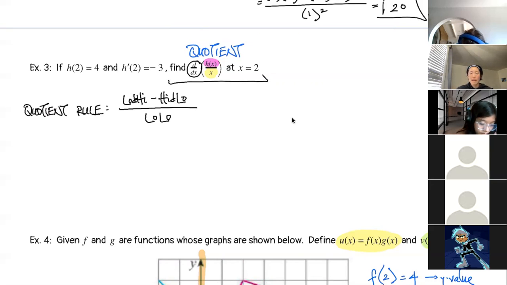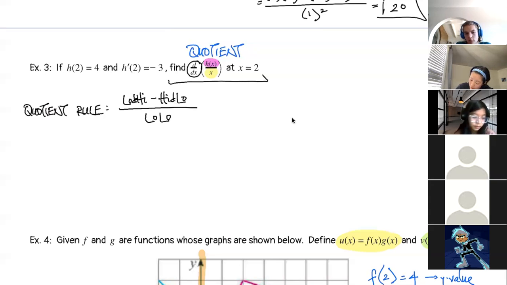Okay. And I find it a little easier to use the low and the high when I have other letters already given to me, but you can certainly use U and V or F and G, whatever letters make you feel better. Okay. So here's our quotient rule.